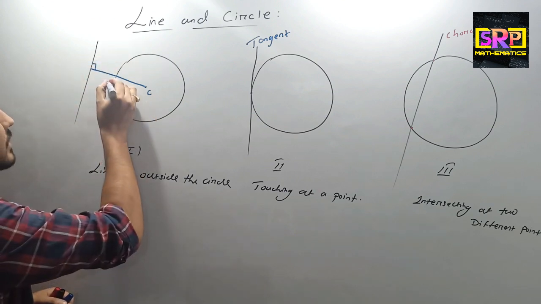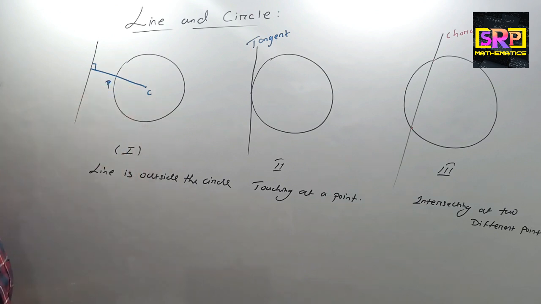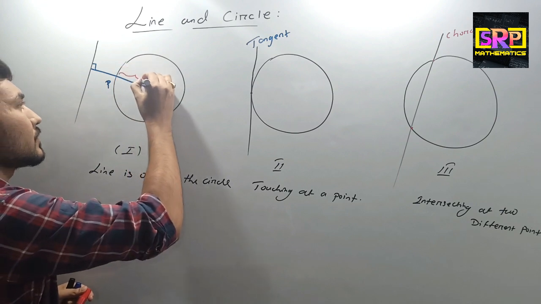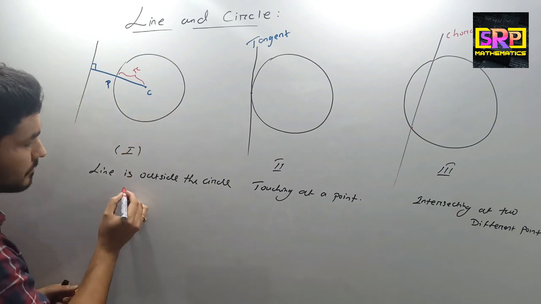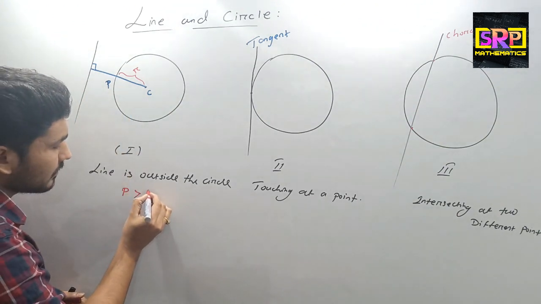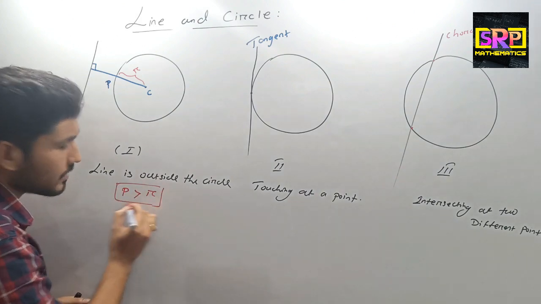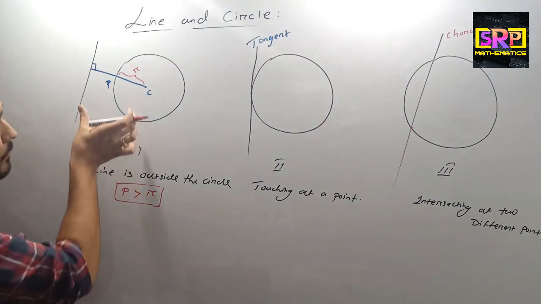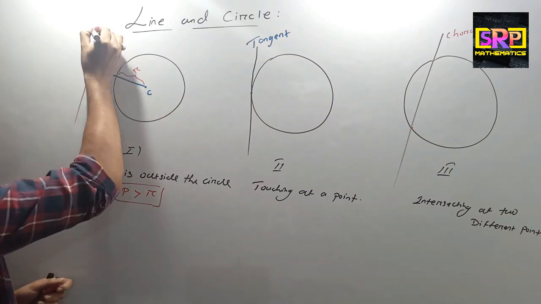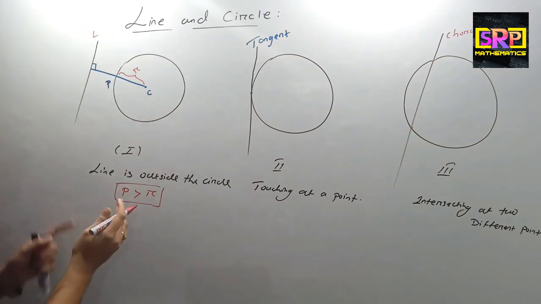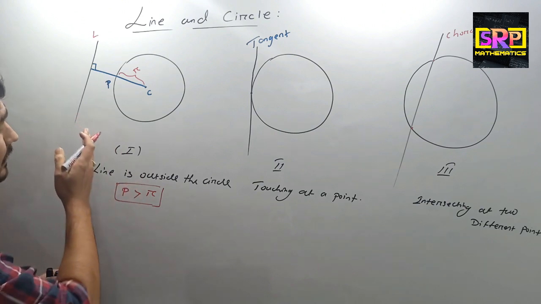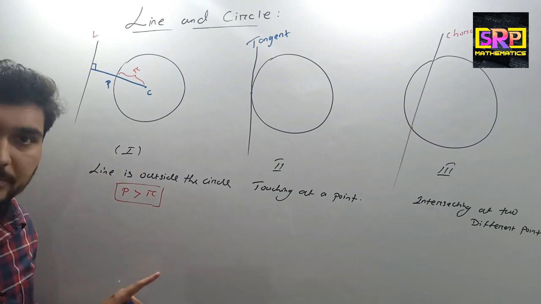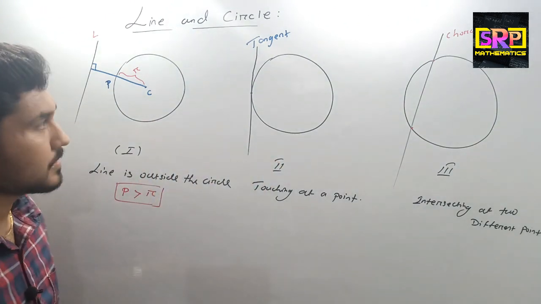Let this perpendicular distance be P. Okay, and as we know, this portion is our radius, and if you see, the perpendicular distance is greater than the radius. That means we are concluding here, if the perpendicular distance from the center to the given line L is greater than the radius of the circle, that means what is happening here? The line is outside the circle. Clear?